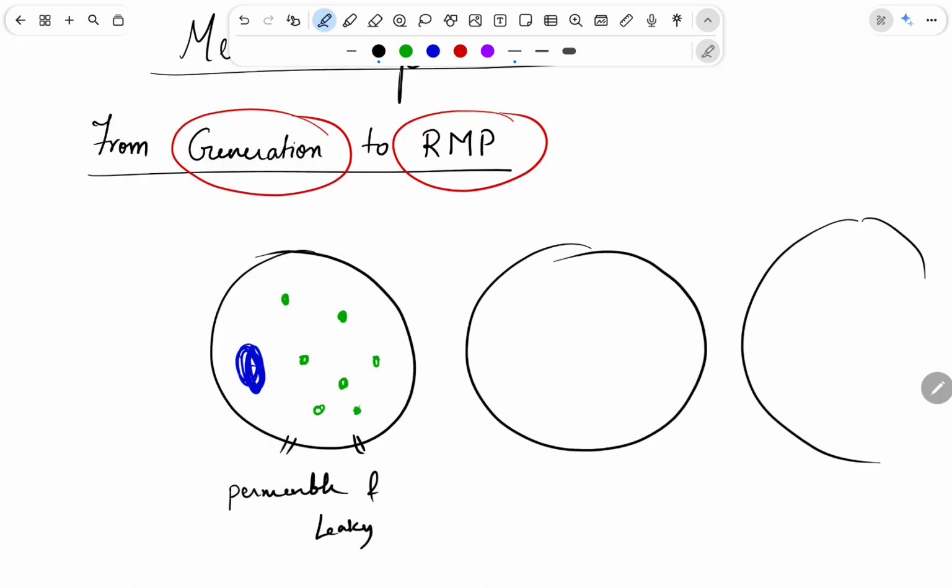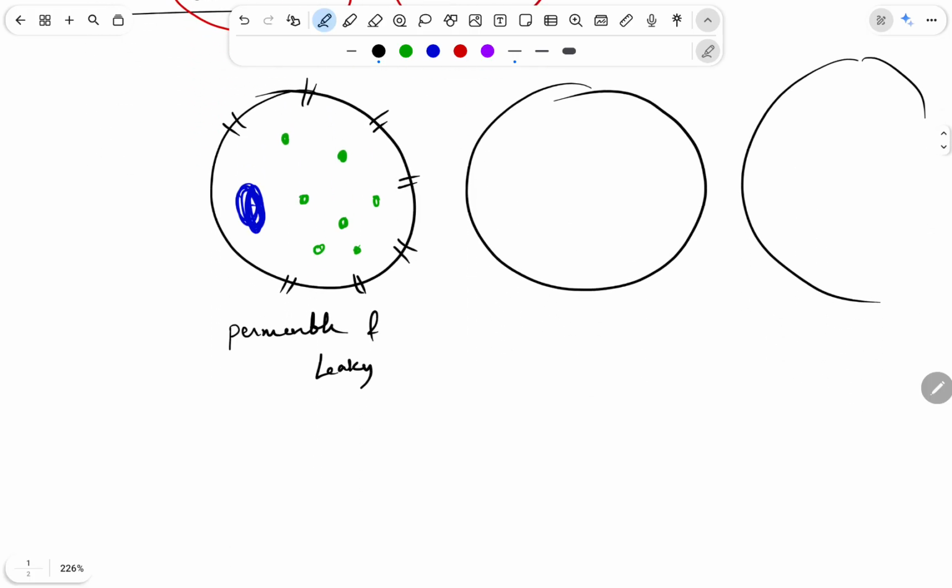So the permeability is not highly selective, but it's free. Among these, most of these channels are leaky and permeable for potassium more than sodium.